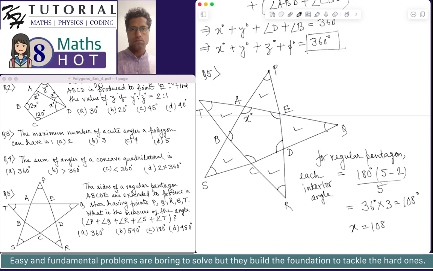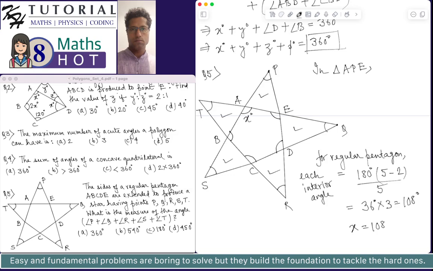Also note that if you consider a particular triangle, let's say triangle APE, we have to apply the concept of the interior and exterior angle of a polygon.